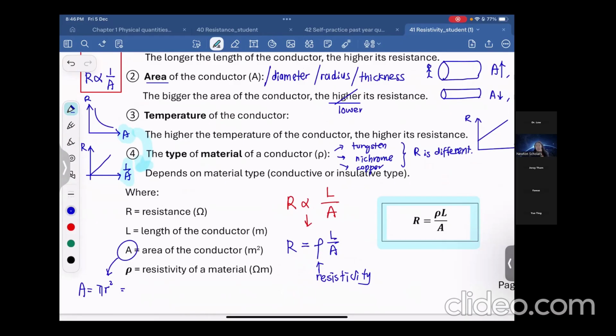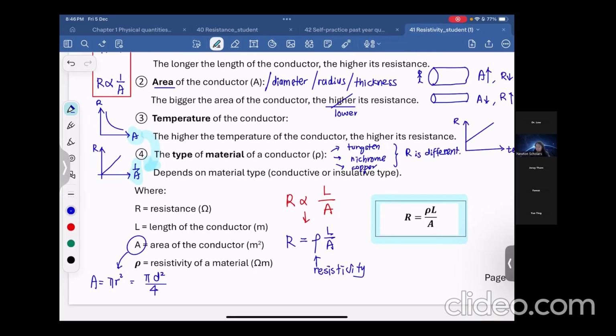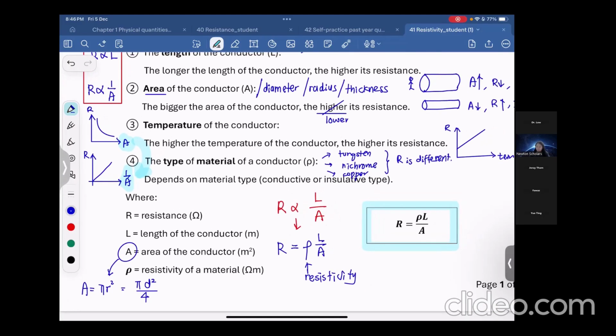Most of the time they give the diameter instead of the radius. So with diameter, it is pi d square over 4. Mark it down.